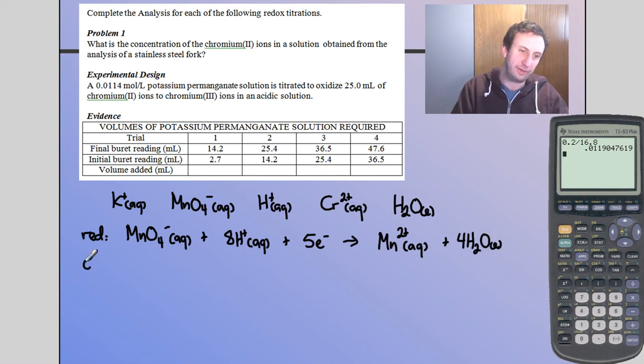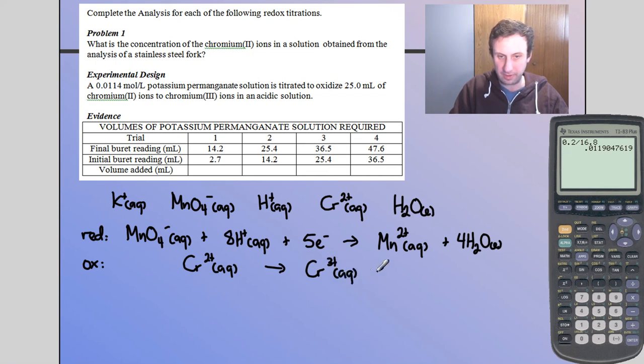And then for the oxidation, I have chromium-2, so Cr2+ aqueous, reacting to make Cr3+ aqueous and an electron. So that's my oxidation, and I have my reduction.